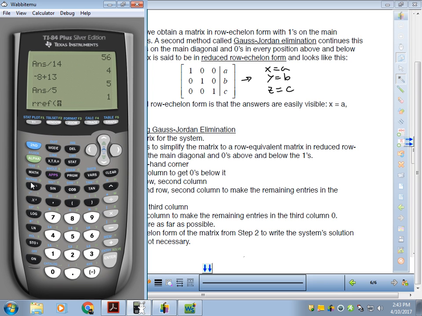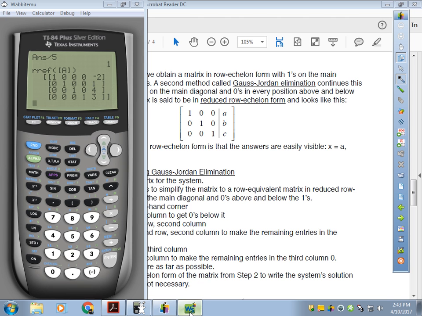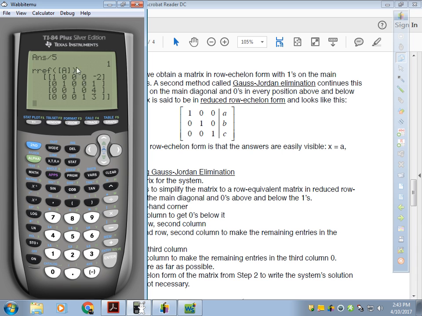And so if we had done that on our previous example, hey look, there's our answers. Did we get negative 2, 1, 4, 3? Negative 2, 1, 4, 3. They match. Okay? So this is a nice way to easily get your answers. You just put the matrix into reduced row echelon form, and that'll tell you what your answers are.